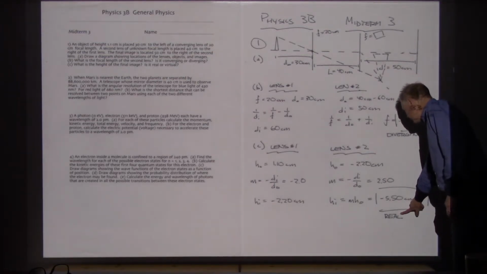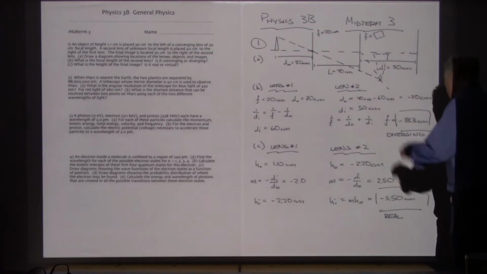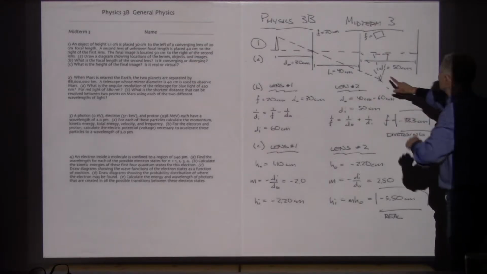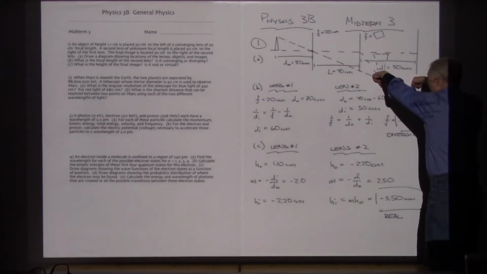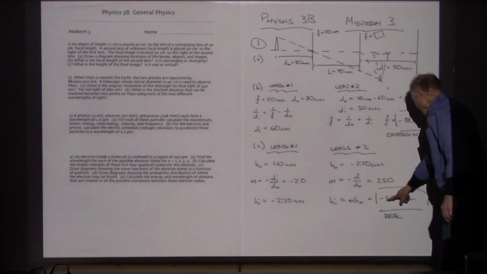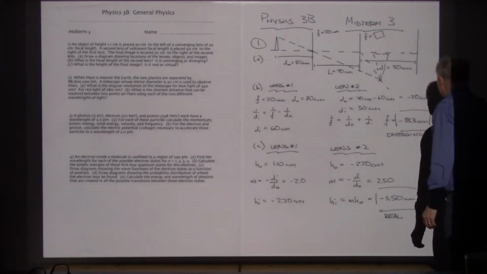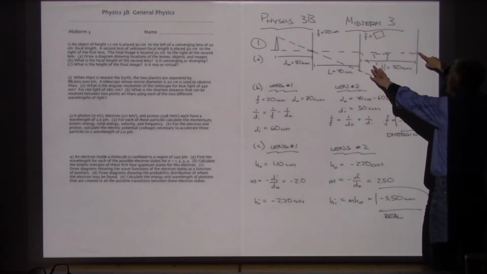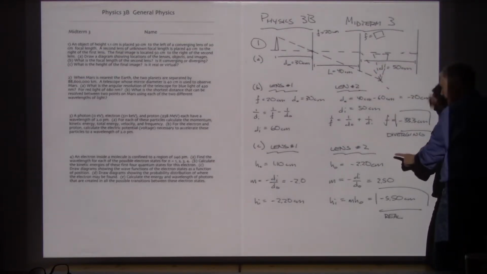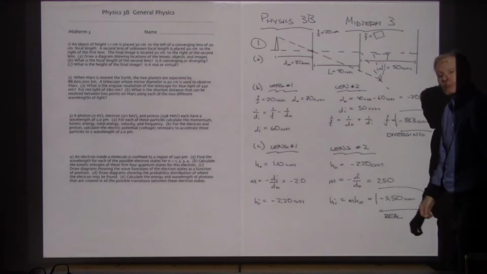This is going to be a real image, and it's not inverted relative to its object. It's going to continue to be facing downwards, and 5.50 centimeters is the size. So it's going to be larger than its object by a factor of 2.50.